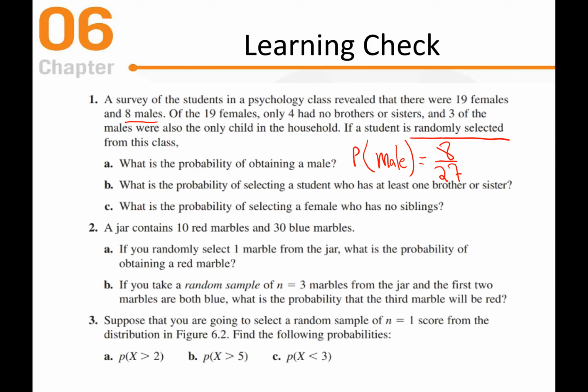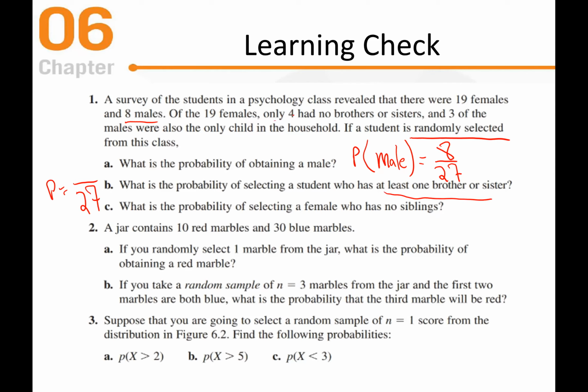For that one, we won't write out the entire thing, but the denominator is the total number of possible outcomes, the total number of students, which is still 27. We know that of the 19 females, only 4 had no brothers or sisters.